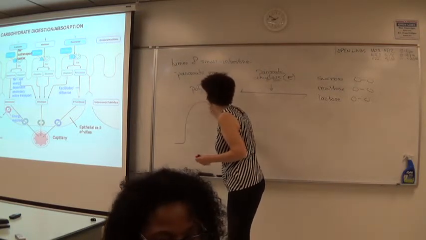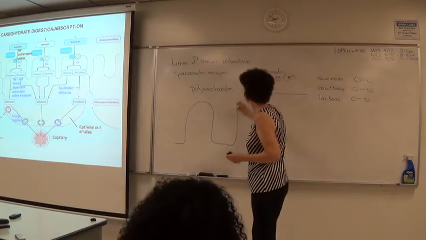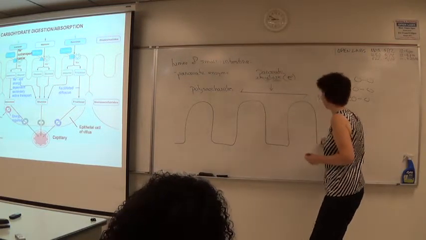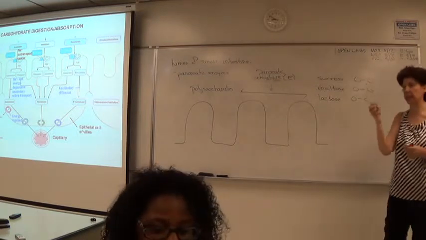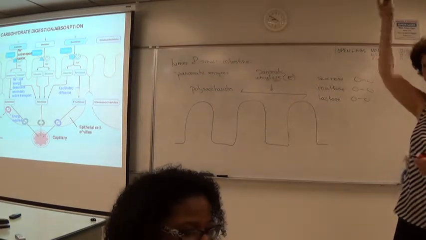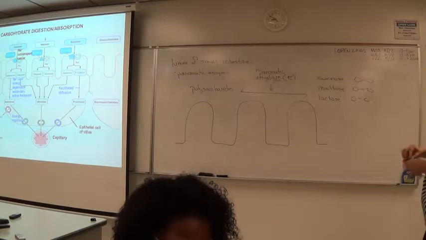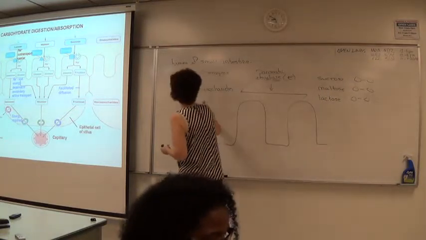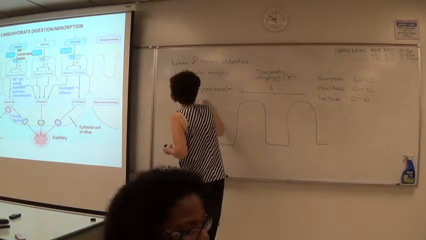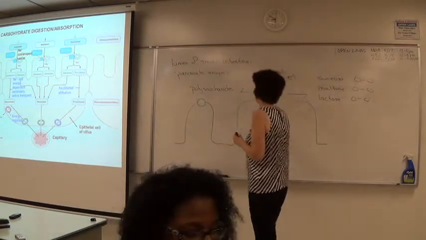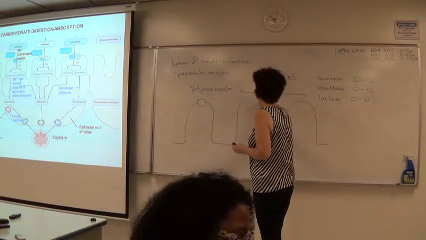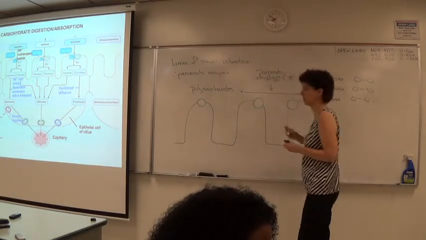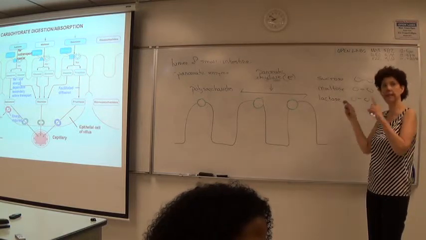So these are microvilli of the simple columnar cells, not the goblet cells, but the other simple columnar cells that are forming our mucosal epithelium. And the enzymes are found in the plasma membrane. That's what I meant by not being secreted into the lumen. So these are the final step.